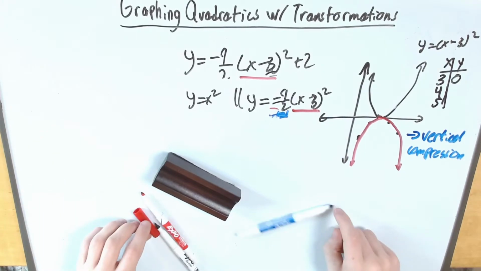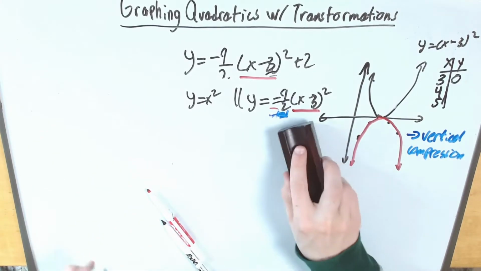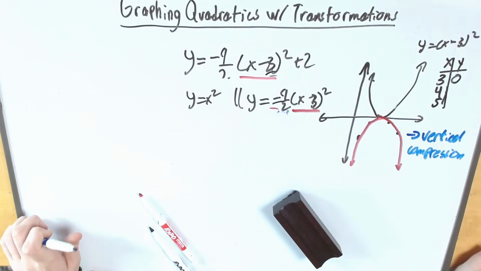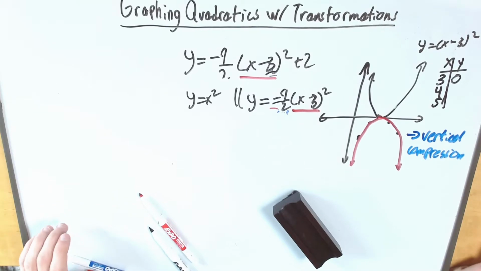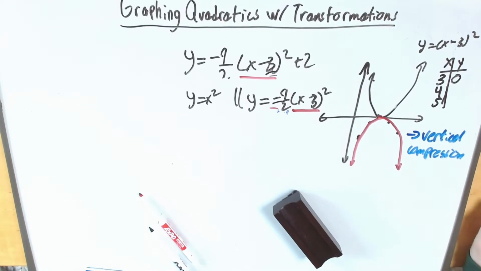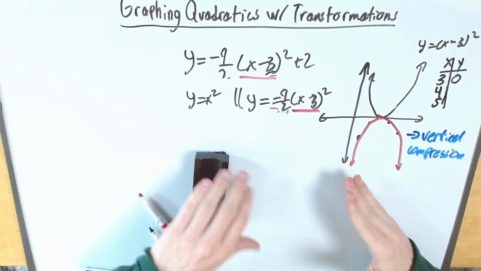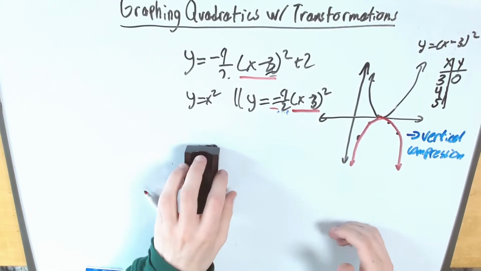So if it's a fraction, something like 1/2 or 1/4 or 2/5, that means it's going to be a vertical compression, and it's going to be less steep than our original graph. So we know it's going to be wider. It's going to have a less steep slope.